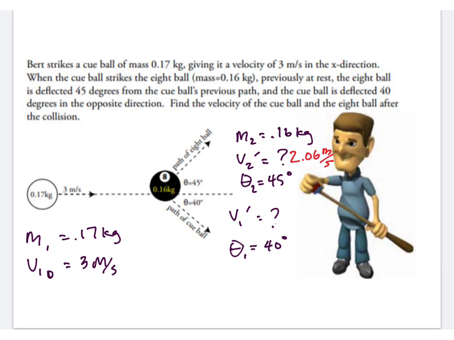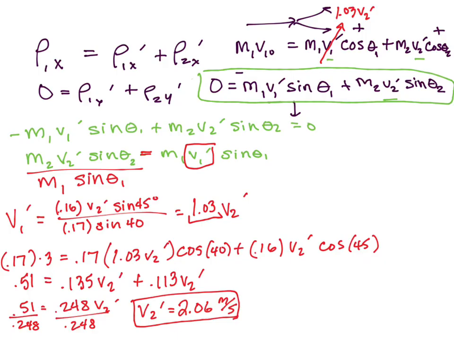That gives us this number right here. We used those components already, right? So now we need V1. And Seth is saying if I come right here with that, I can get V1. We know that V1 is 1.03 V2. So multiply those two numbers together.